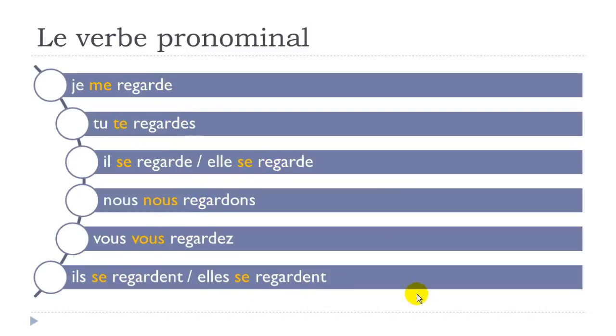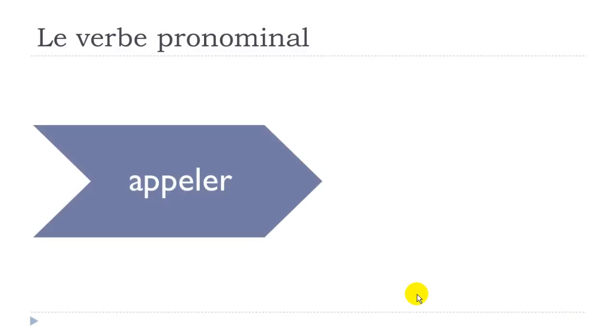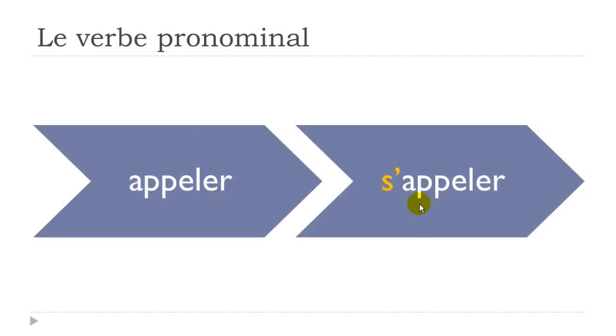Let's take another example. Appeler, to call. The important thing in that case is that appeler starts with a vowel, a here, and as usual in French, normally we should have this se, but then the e will disappear and it will look like that, s'appeler.